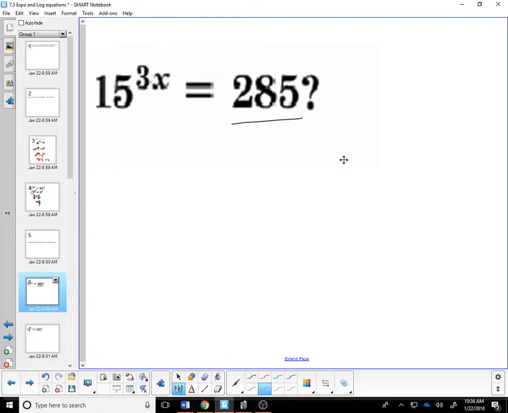Think about this. I want to know if I can take 15 to some exponent and get 285. Now here's the question, right? Can I take 15 to some exponent and get 285? That is the question, correct? Now do you remember I said this is not the way we ask this question, is it? How do we ask this question?